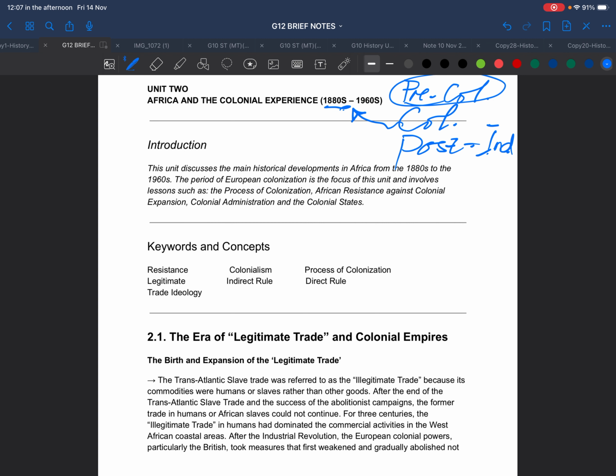Introduction. This unit discusses the main historical developments in Africa from the 1880s to the 1960s. The period of European colonization is the focus of this unit and involves lessons such as the process of colonization, African resistance against colonial expansion, colonial administration, and the colonial states.